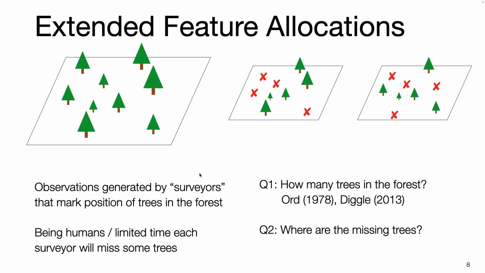And of course, being time limited and being human, they will miss some trees. And in this context, we can ask ourselves, how many trees are there in the forest? This is a classical question that has already been asked 50 years ago with this kind of data. But we can also ask ourselves where are the missing trees that we did not observe?